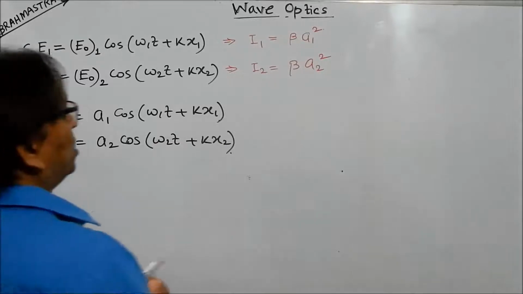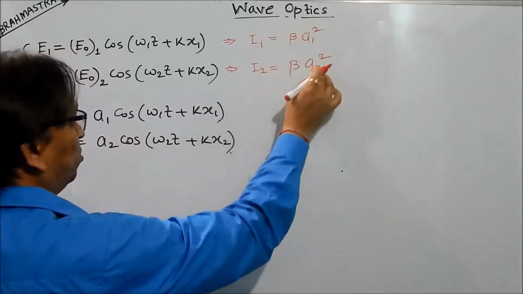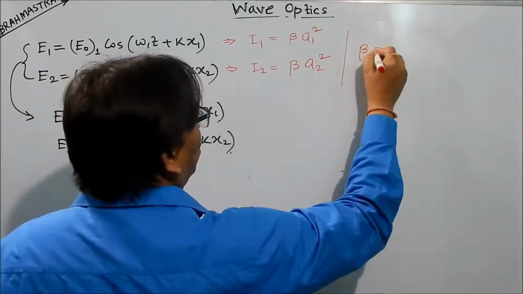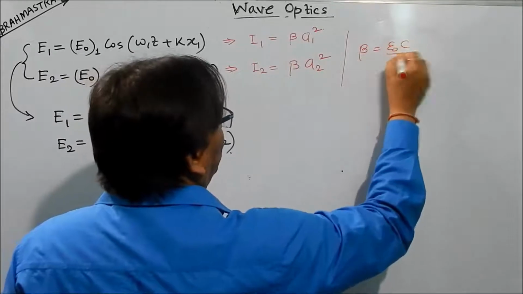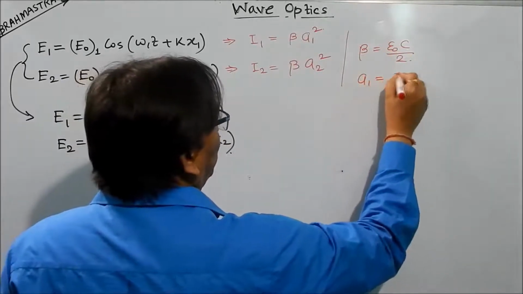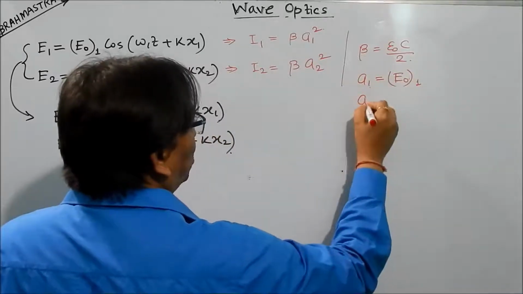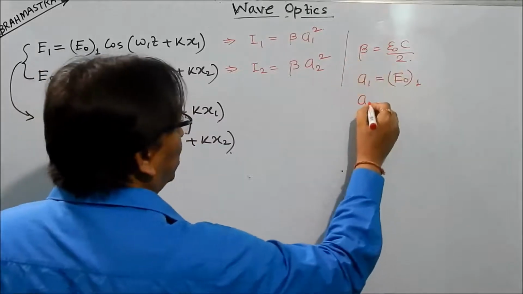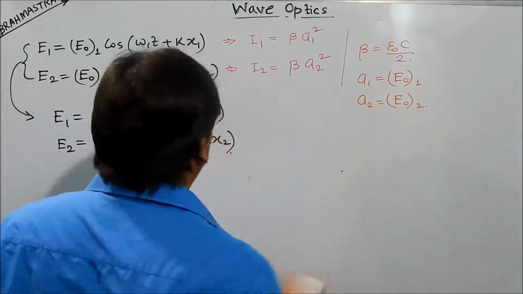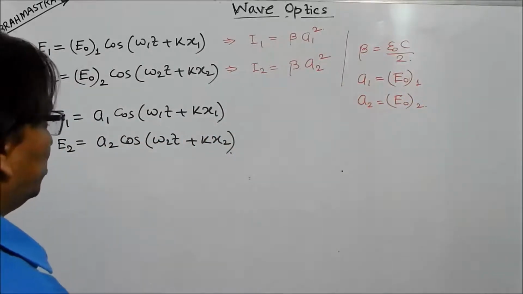Number one, the intensity of the first wave is this, the intensity of the second wave is this, and beta is equal to epsilon naught C by 2. A1 is the peak value of the first wave, that is the amplitude, and the second wave has E naught 2.